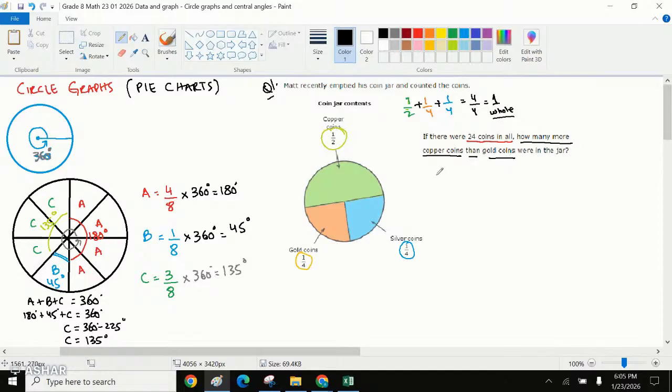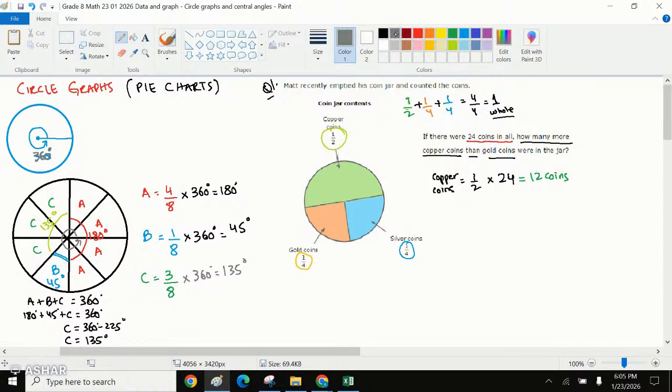So we know that copper coins were half of 24. That means copper coins were 12 coins. Agreed? Because it was half the angle. It was half the ratio. Agreed?